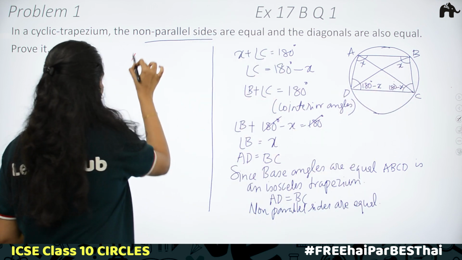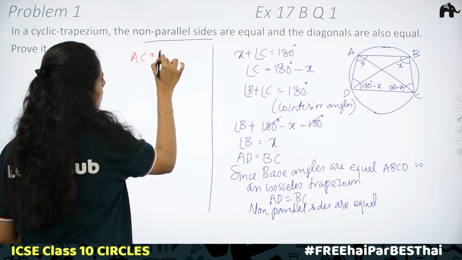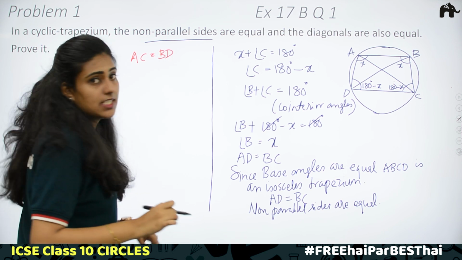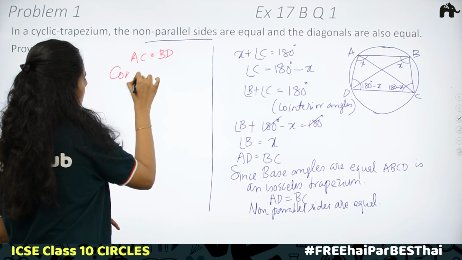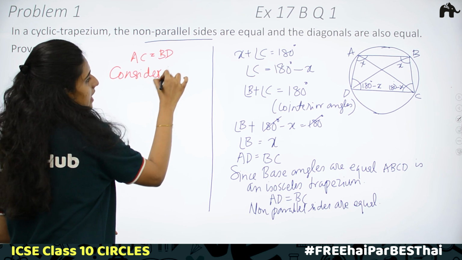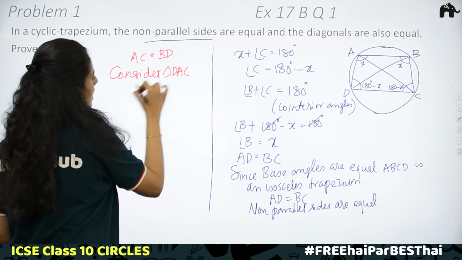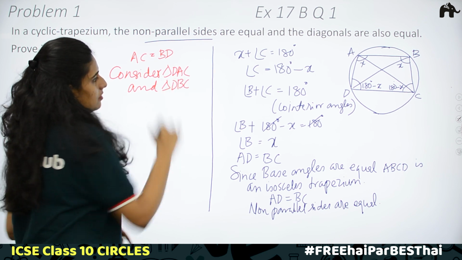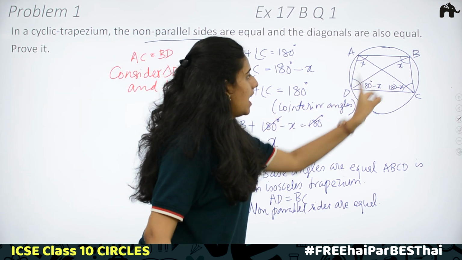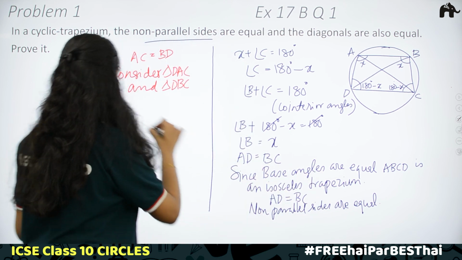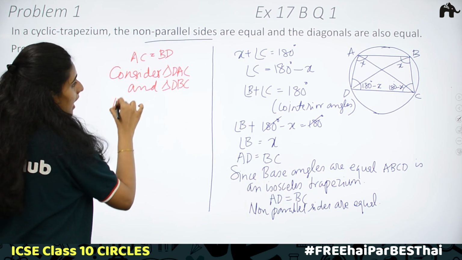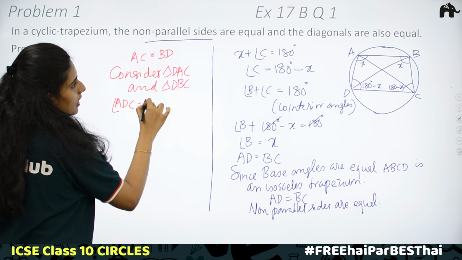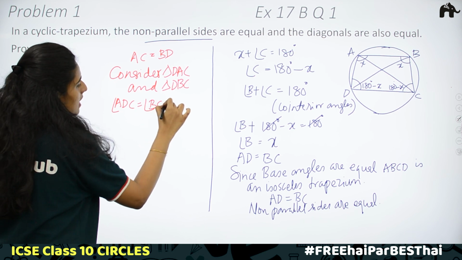Next, we have to show the diagonals are equal. That is, we have to show AC is equal to BD. For that, I am considering two triangles, triangle DAC and triangle DBC. In DAC and DBC, angle ADC is equal to angle BCD.